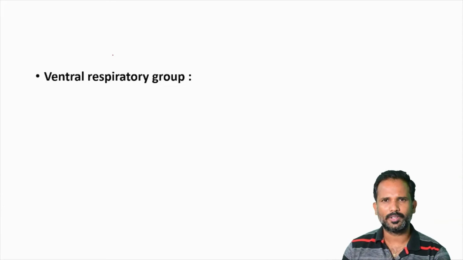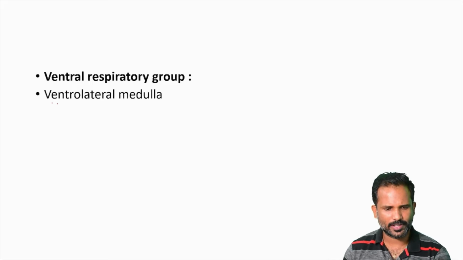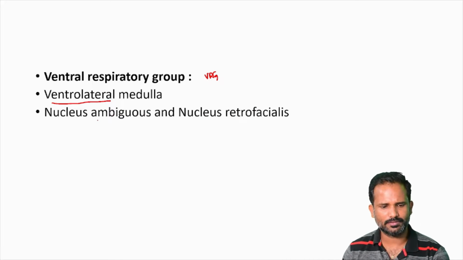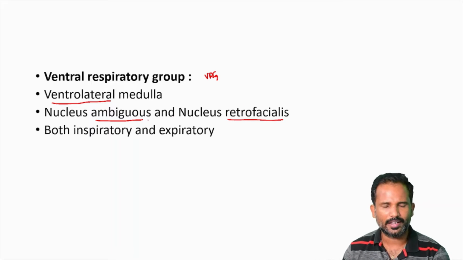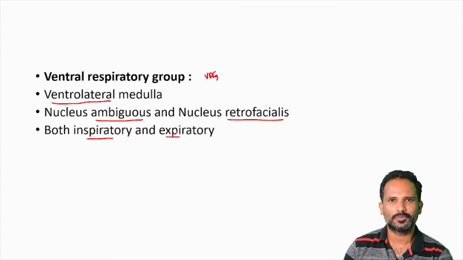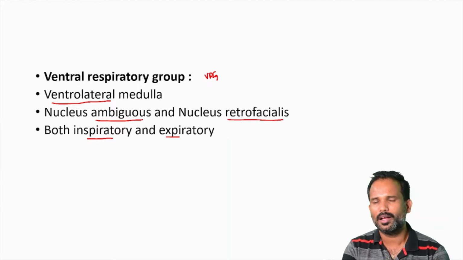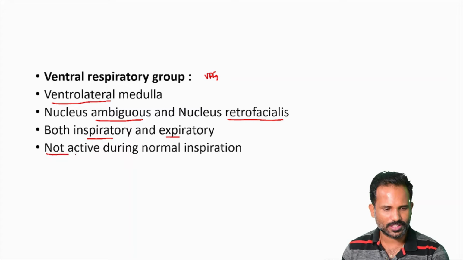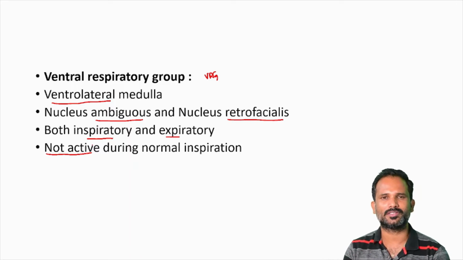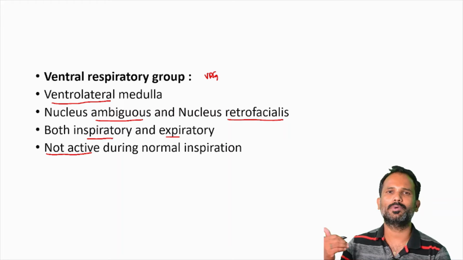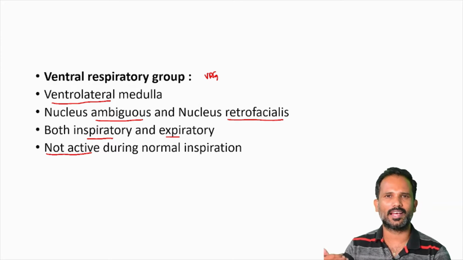Coming to the ventral respiratory group, it is located in the ventrolateral part of the medulla. That's why we call it the ventral respiratory group, VRG, and it has the nucleus ambiguus and nucleus retrofacialis. It has neurons that are both inspiratory as well as expiratory. So it acts in both inspiration and expiration, but not under normal conditions. It is not active during normal inspiration or expiration. It is only active during hyperventilation, as seen in physical exercise.